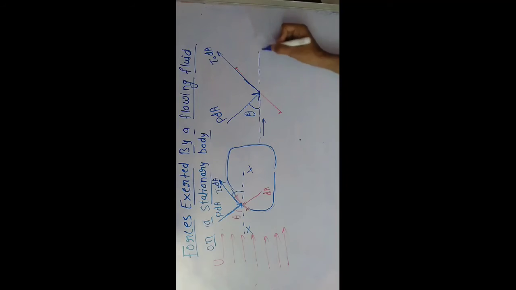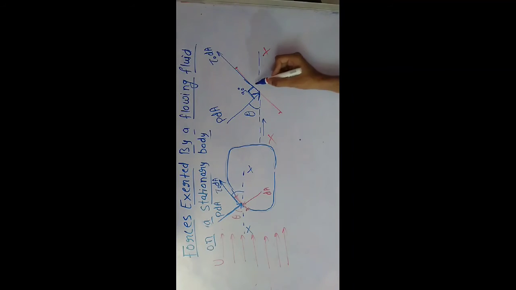Now this is your axis. Because here it is 90 degrees, what will be the measurement of this angle? See, again this is theta, so the opposite angle will be theta, and this is your 90 degrees. So this will be your 90 minus theta.